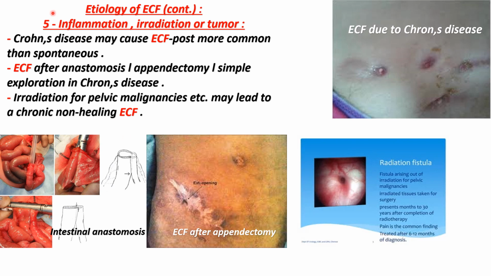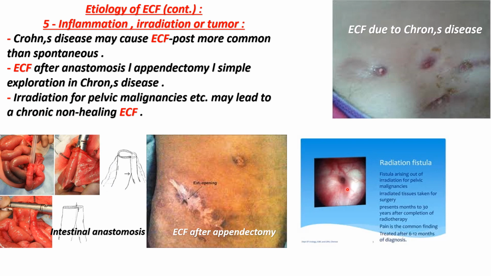The fifth mechanism of fistula formation is inflammation, irradiation, or tumor. Crohn's disease may cause enterocutaneous fistula, more commonly post-operative than spontaneous. Enterocutaneous fistula may occur after anastomosis, appendectomy, or simple exploration in Crohn's disease.